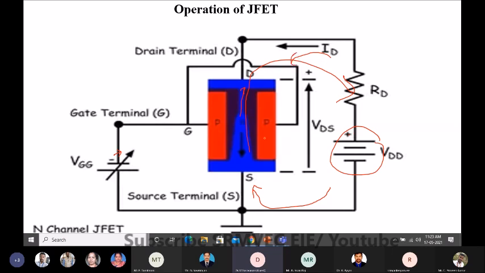Now how does the gate control? If you give more negative, all the holes are taken away, so it is completely depleted, and the regions contact each other, and no charge carriers can pass to the drain. So this is how the gate controls.